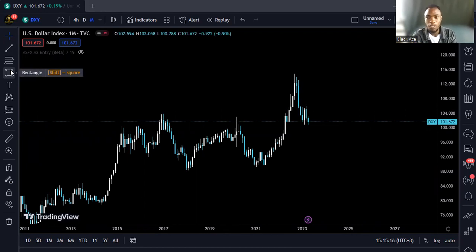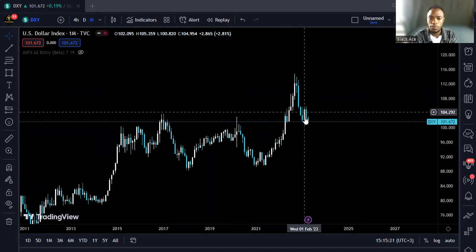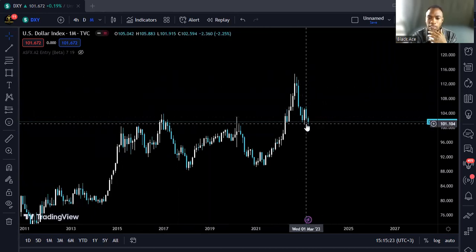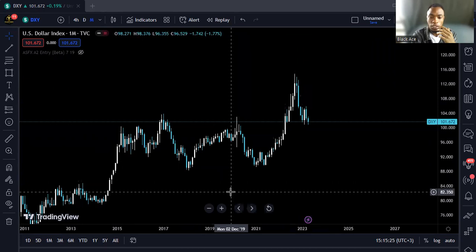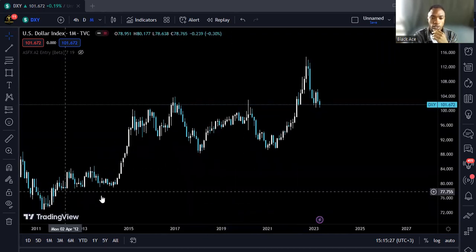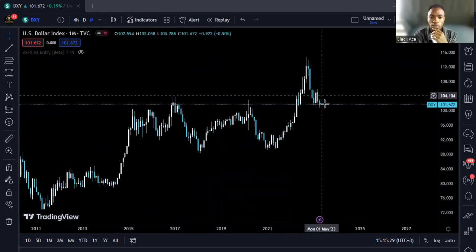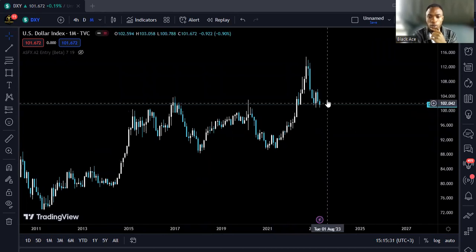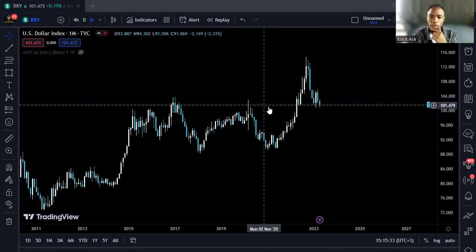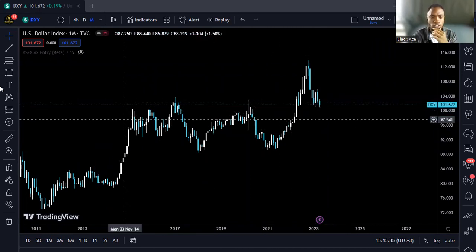So for the US dollar right now, currently we can see prices are kind of pushing lower, right? Last month, if we look at the overall trends, we can see the trend is still bullish, right? The trend is overall bullish, but prices right now are approaching this kind of support structure here.